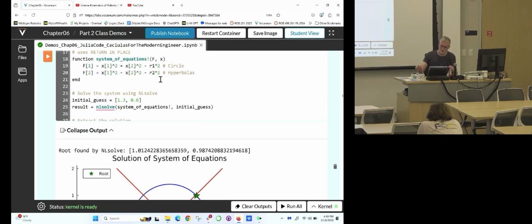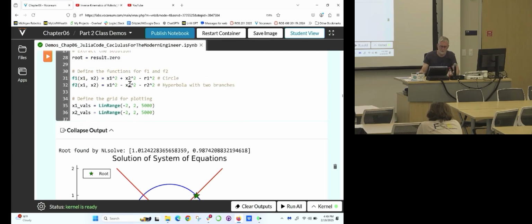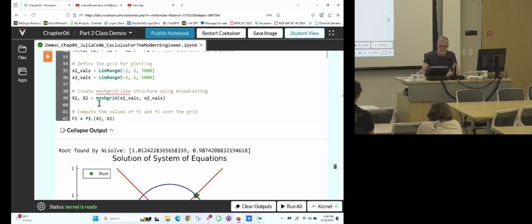It's trying to be memory efficient, and an x comes in and then the function values come out, okay? So it's just using those variables to return everything. You don't have to use return in place, and the textbook shows you both formulations. And then all of this stuff is just to make the plot.